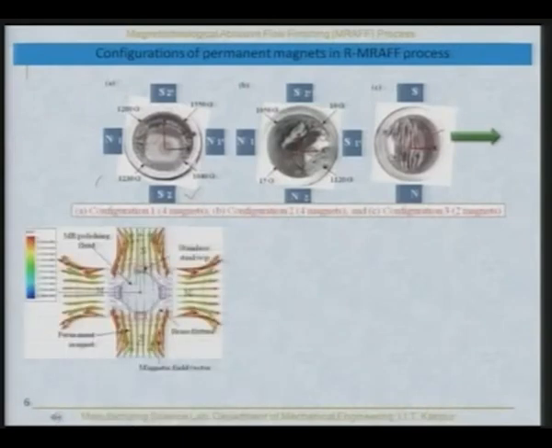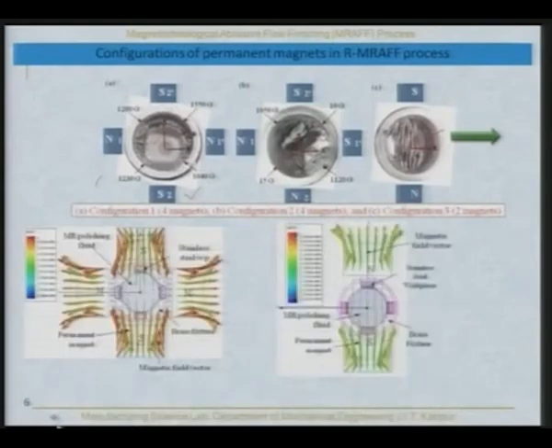Then we also tried to take the magnetic field distribution, and you can see the field distribution in this particular case, and here is the stainless steel workpiece which is kept here. These are the 4 magnets, and you can clearly see that in this particular case the field distribution is better than the other case.